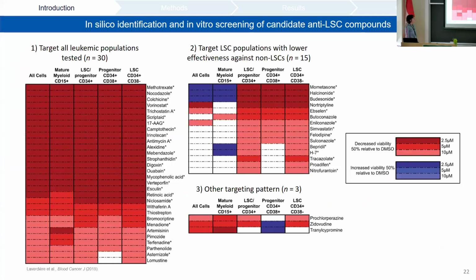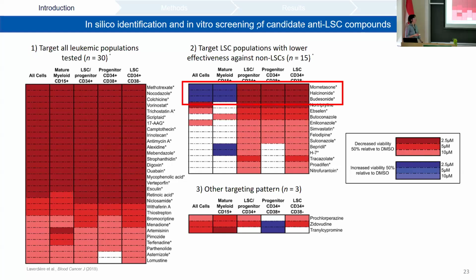With their screen, they identified 3 categories of drugs. The first one being the drugs that can target all leukemic populations. The second one were the drugs that could target LSC populations, but with a lower effectiveness against non-LSC populations. And the last one was drugs that had other targeting patterns. And we identified 2 excellent candidate families of medication that had anti-LSC properties.